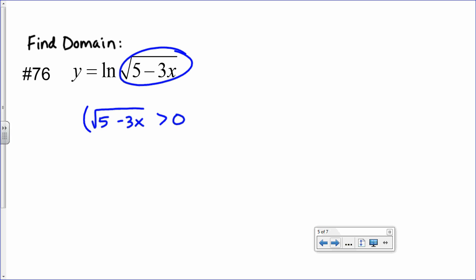So I can square both sides. Okay. And that's because with radical functions, you're going to have a positive. So the radical doesn't actually matter here, and squaring both sides shows you it doesn't really do anything for your domain. Okay, so solve this inequality, write your interval then, write the domain.